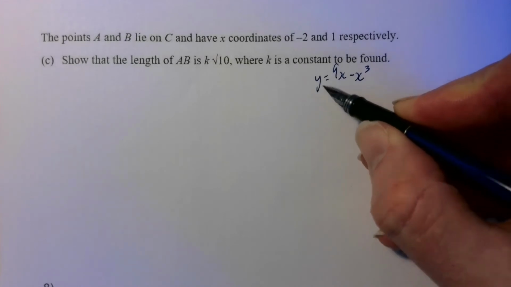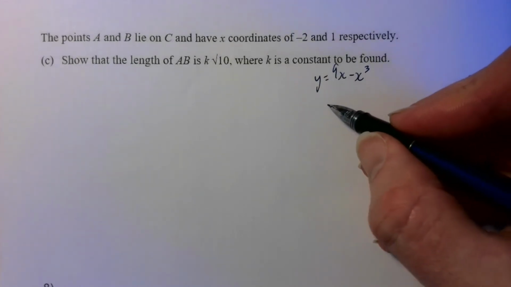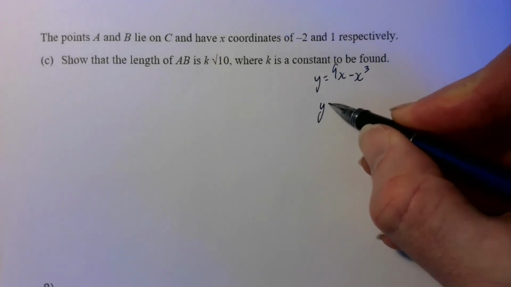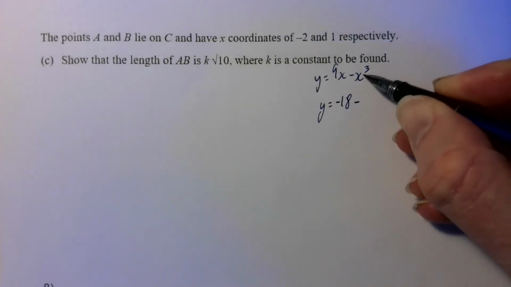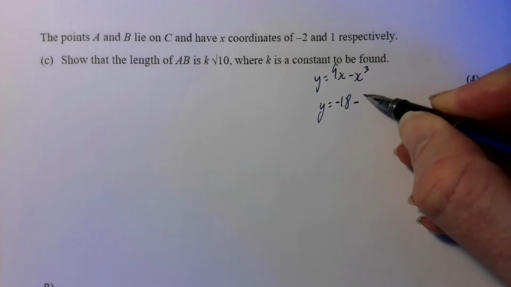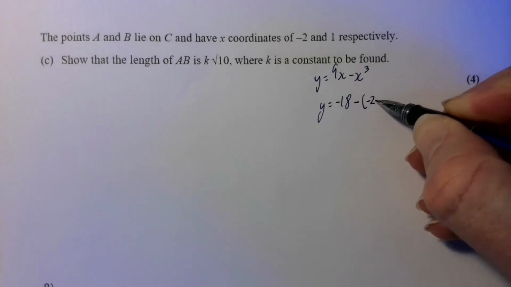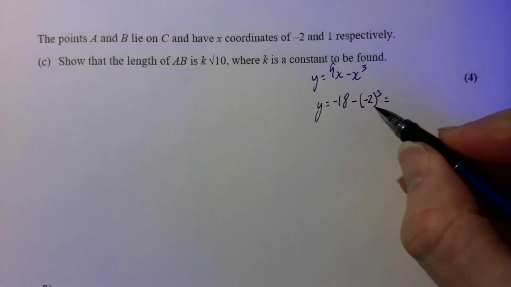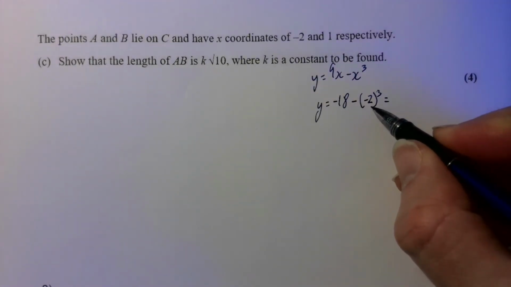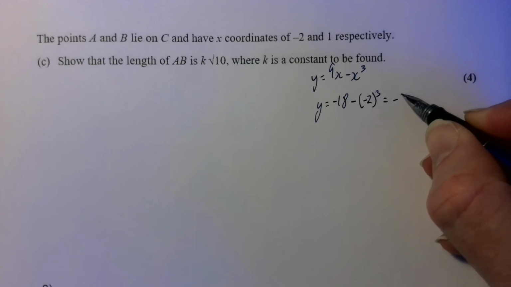and if x equals -2, we're going to have -18 take 2 cubed, which is -18 plus 8, which is -10.